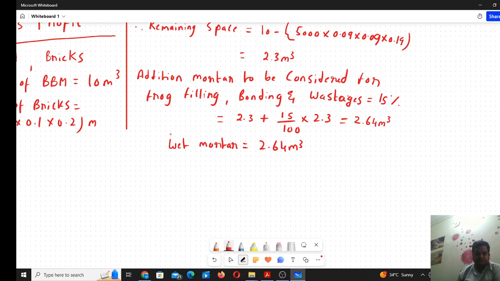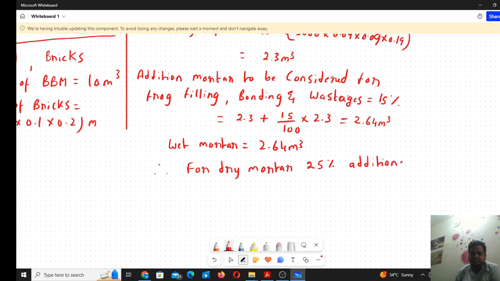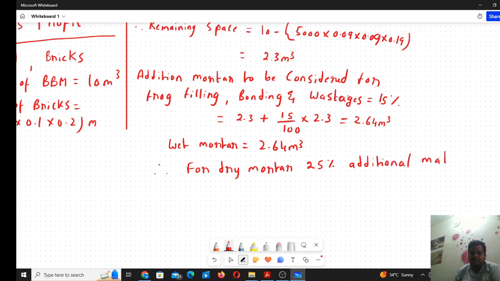But as we know, we need to consider first the dry mix and only then is the mortar produced. Therefore, for dry mortar, 25% additional material is considered. Whenever you are considering mortar, additional material is considered as 25 to 30%, and when considering concrete, 50 to 55% is considered.